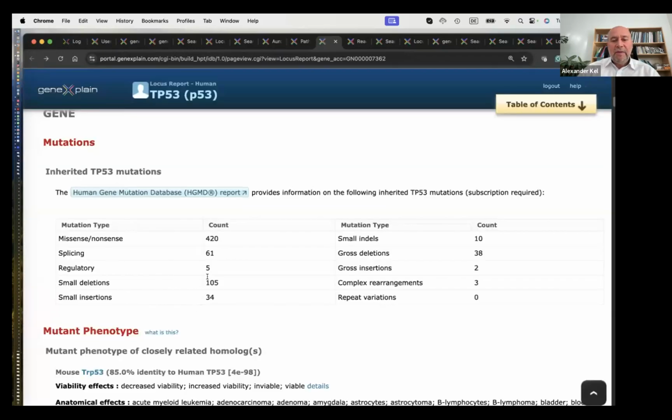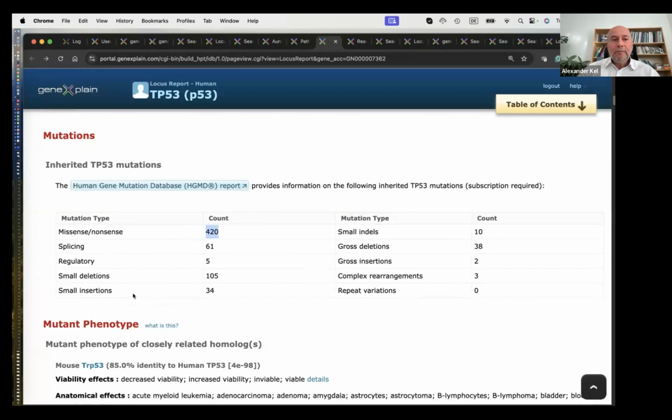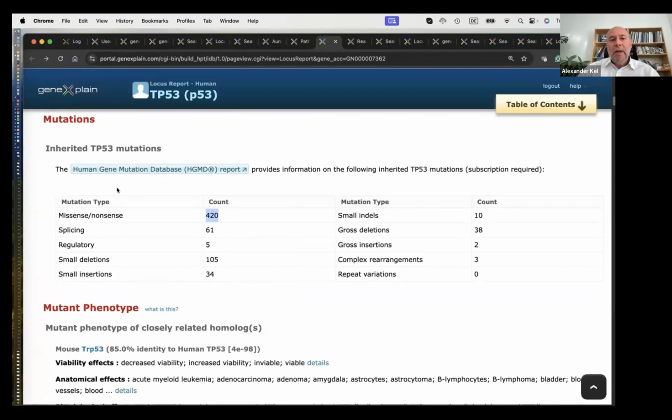So here what we have, in fact, is just the number of mutations reported in HGMD. And concerning your question, whether it's germline or somatic mutations, they are focused on germline mutations. As far as I know, for a long time they were not extending their database to somatic mutations. Maybe they're changing their policy.